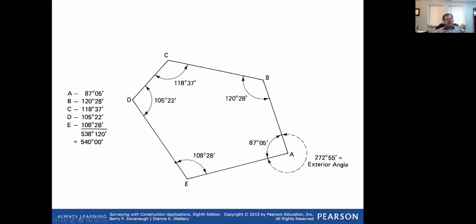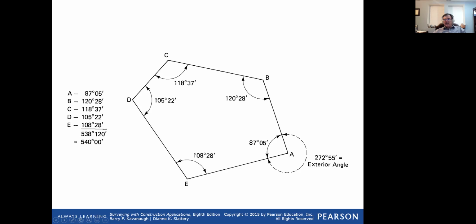In this case, somebody's starting at A and measuring to B, measuring here on the interior angle. This right here, as the example shows, is the exterior angle. It doesn't matter which way you're measuring, as long as you know which way you're measuring for certain calculations.